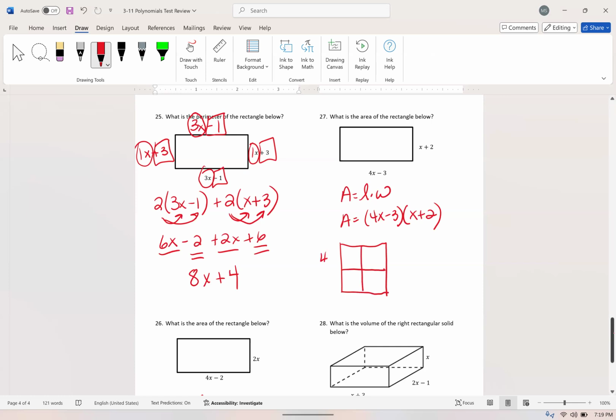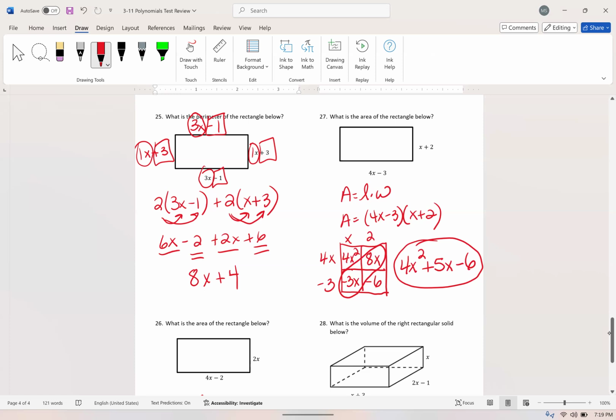So 4x minus 3 and x plus 2. So this is 4x squared. This is 8x, negative 3x, and negative 6. We do have some like terms here. So this would be 4x squared plus 5x minus 6. So this is the area of that rectangle.